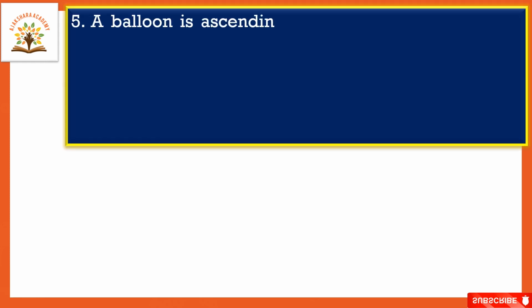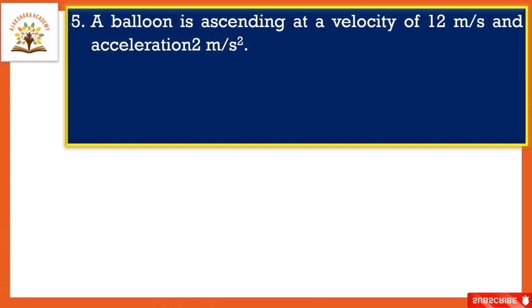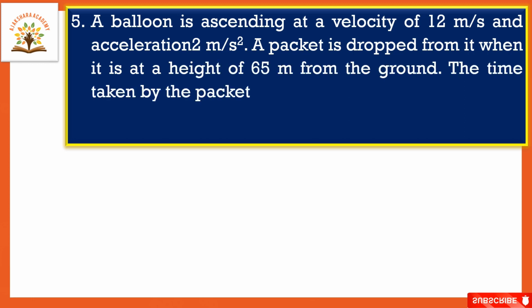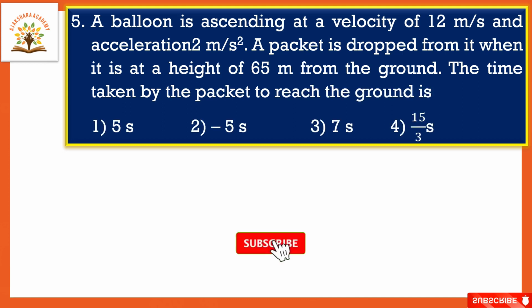In this question, a balloon is ascending at a velocity of 12 meters per second and acceleration 2 meters per second squared. A packet is dropped from it when it is at a height of 65 meters from the ground. The time taken by the packet to reach the ground is, here we have to calculate the time taken by the packet to reach the ground.